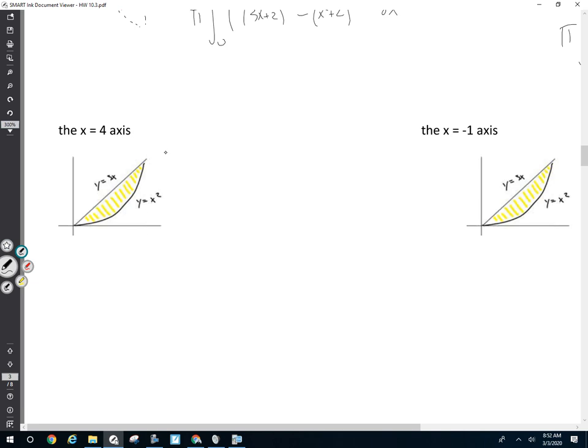Now, we're going to revolve this region around the x equals 4 axis. Watch this. X equals 4. All of a sudden, we're revolving this around a vertical axis. And here would be my reflection over there. Draw two sets of cylinders. One to get to the entire object, and then one that would be the hole. I'm just going to use a couple here so it doesn't get crazy. What would be the radius of this cylinder?